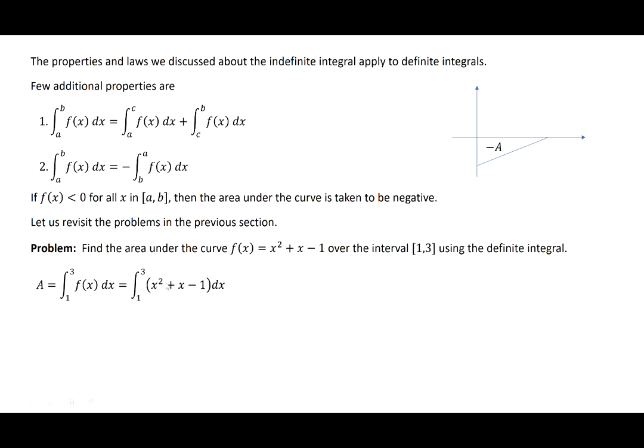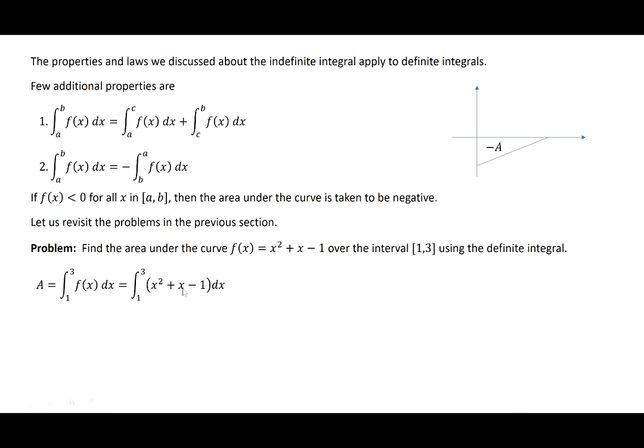Do we know the integral of x squared? Yeah, we can apply the power rule. Can you recall what the power rule was? The integral of x to the n dx is x to the n plus 1 over n plus 1. So this should be x to the 2 plus 1 over 2 plus 1. That means x cubed over 3.